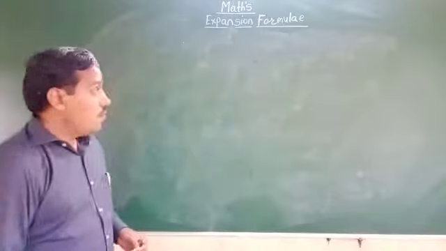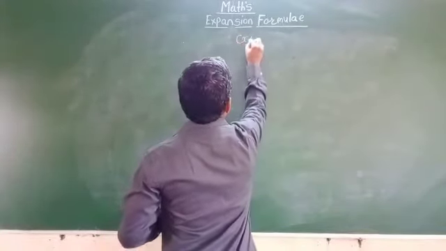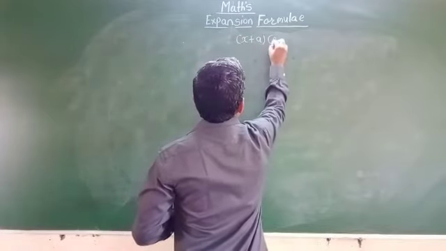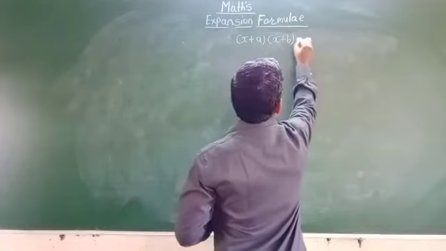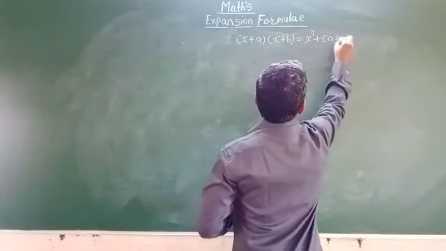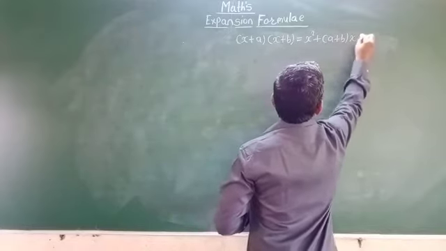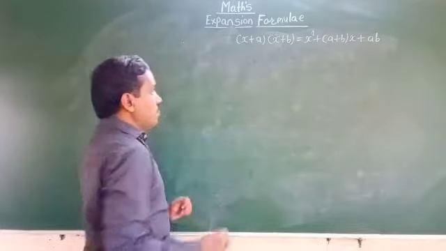So we will write down the expansion formula first: (x plus a)(x plus b) is equal to x square plus (a plus b)x plus ab.